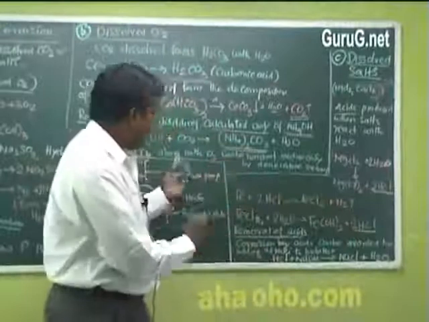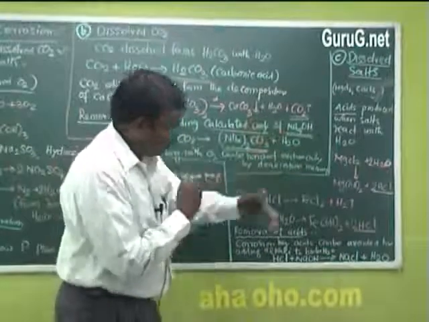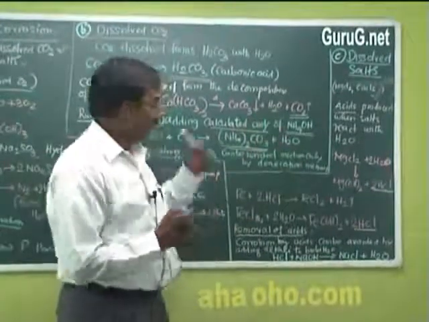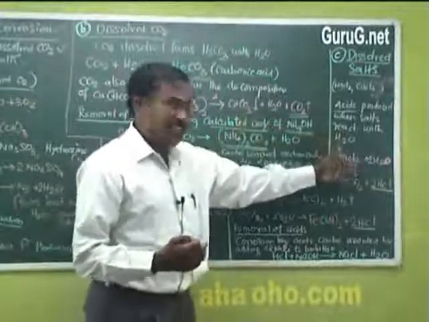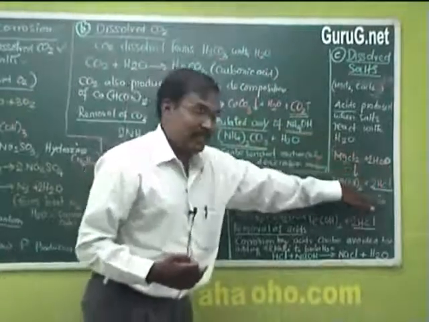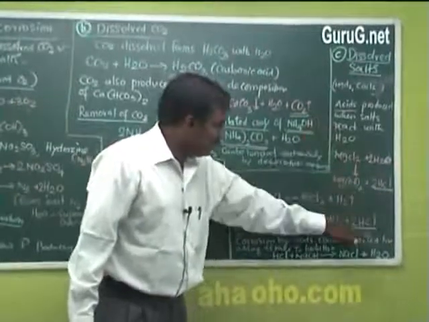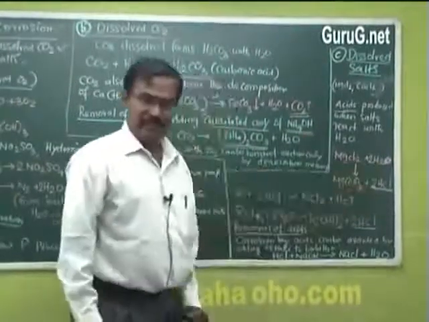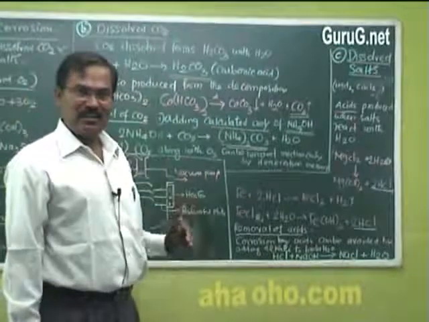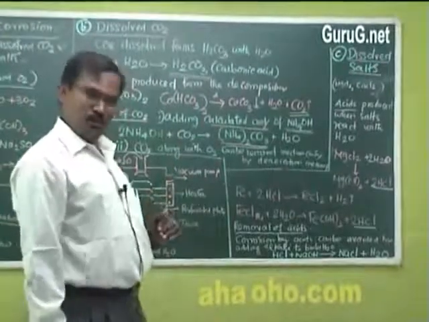So this HCl again will react with iron. That means once this process is initiated, the hydrochloric acid or any acid produced is not consumed, it is regenerated. So once corrosion has started, it is going to be a continuous process.